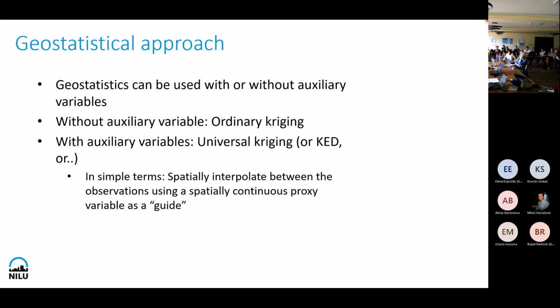The real power comes in when we use auxiliary variables, then it's something like universal kriging or kriging with external drift, with several names. In very simple terms, we interpolate between all the observations using a continuous spatial proxy variable as a guide to the interpolation, because interpolation doesn't know what is happening between observations. So this proxy variable can help the interpolation along the way.